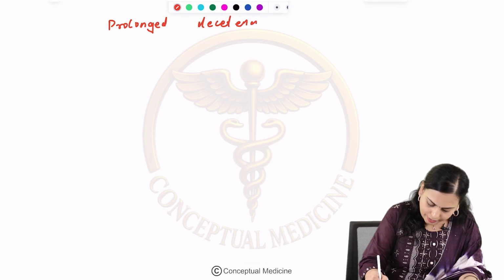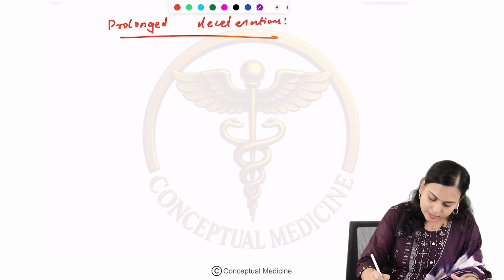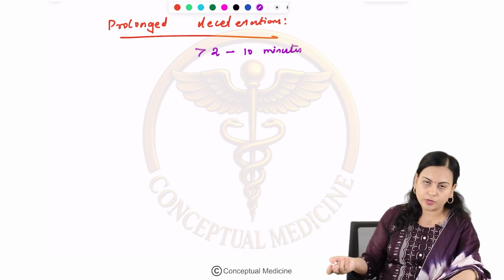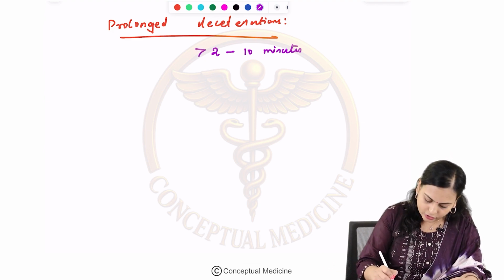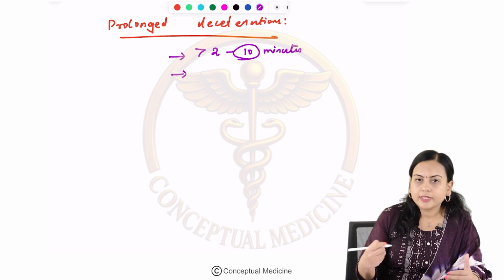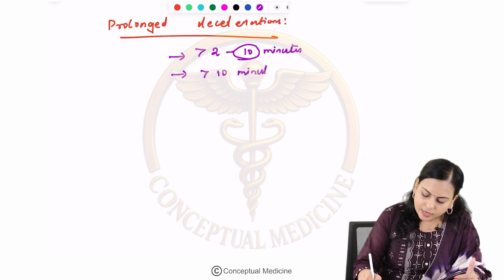And also remember, we also have a type of prolonged deceleration. In prolonged decelerations, the decelerations last between 2 to 10 minutes. So it will last more than 2 minutes. That is prolonged deceleration. Then if it is prolonged and seen for more than 10 minutes, it is considered a state of fetal bradycardia.